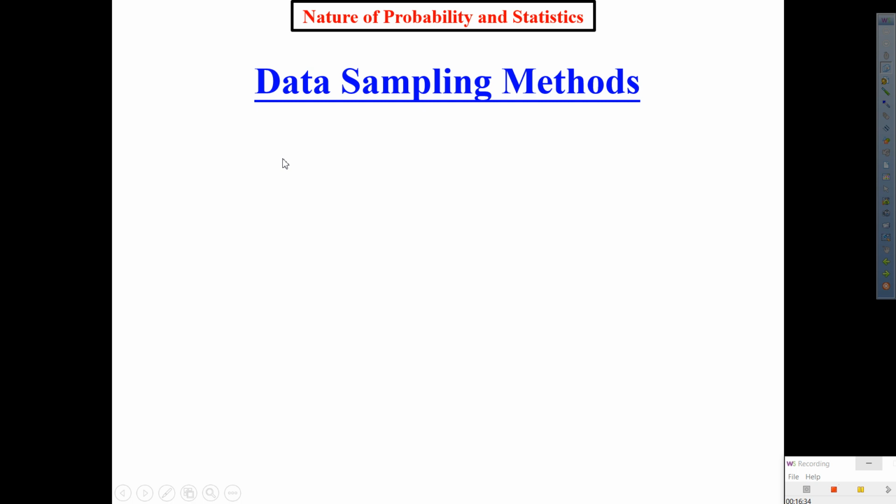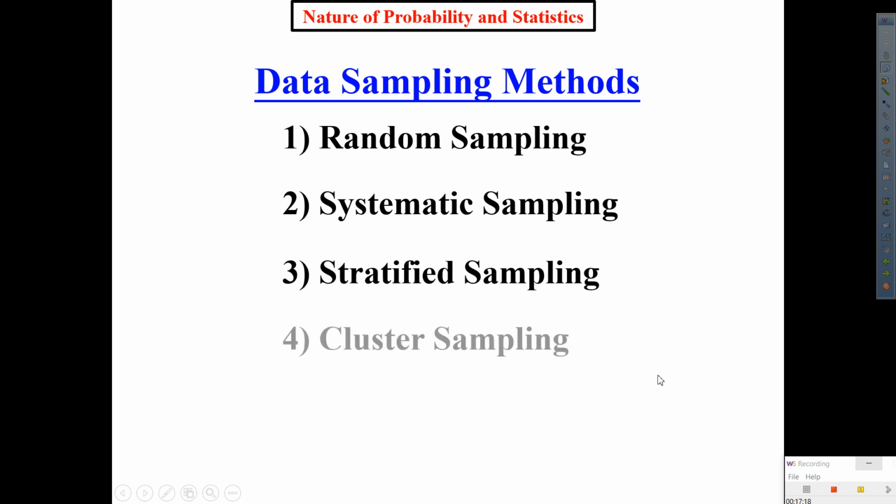Leave 2 lines of space for each one of these. The first one, random sampling. The second one, systematic sampling. The third one, stratified sampling. And the fourth one, cluster sampling. Once again, leave a couple of lines for each of those so that we can get a definition and at least an example.